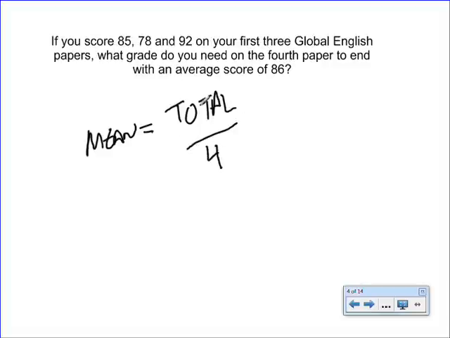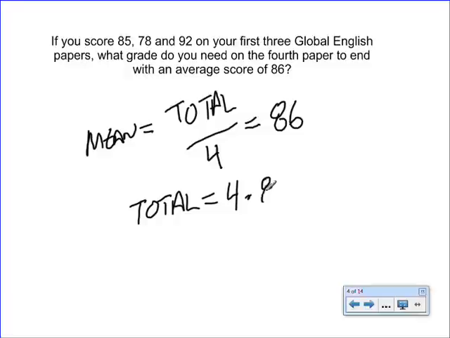So we want the total number of points divided by 4 to equal 86. Let's figure out the total number of points we need. The total is going to be 4 times 86, which is 320 plus 24, which is 344 points.